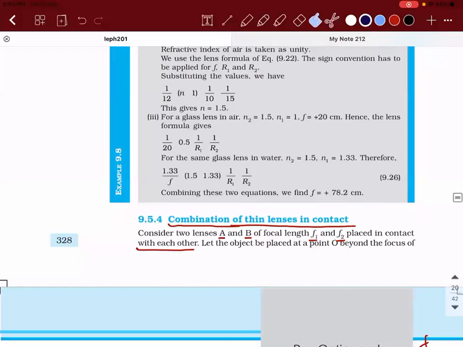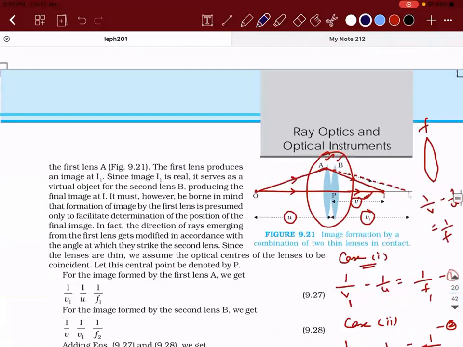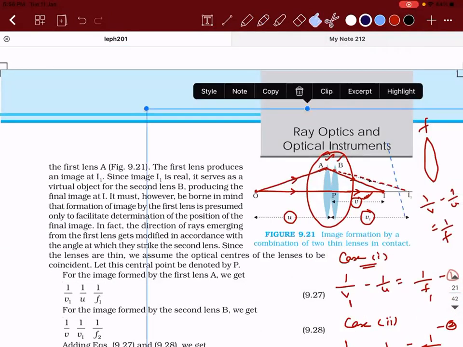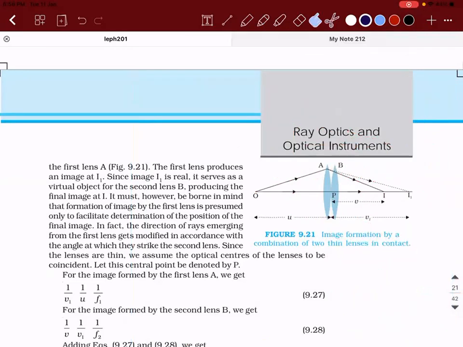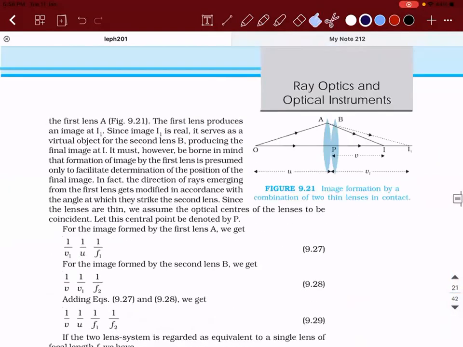Next one is combination of thin lenses in contact. When you place two lenses of focal length f1 and f2 in contact with each other, look at the ray diagram.